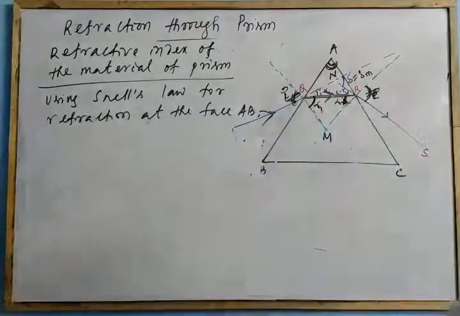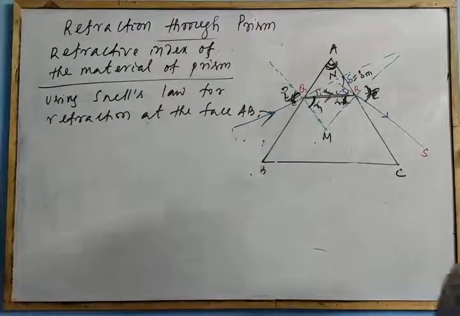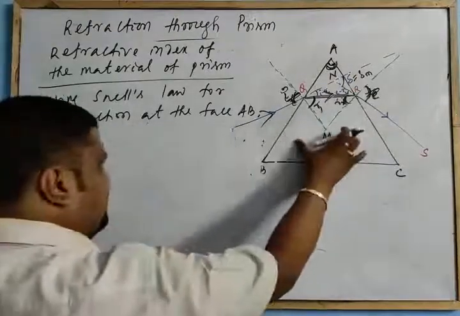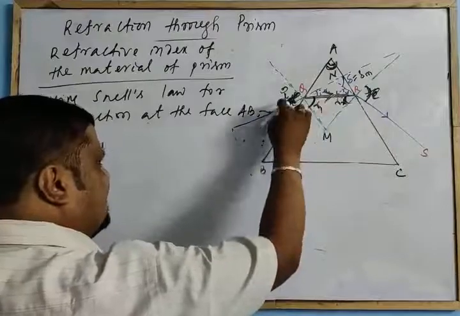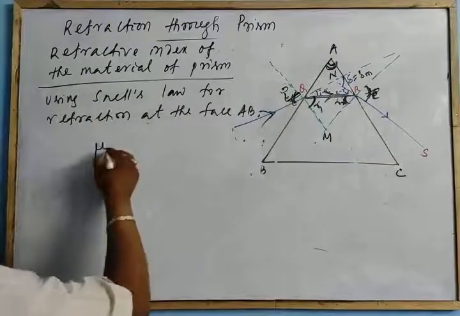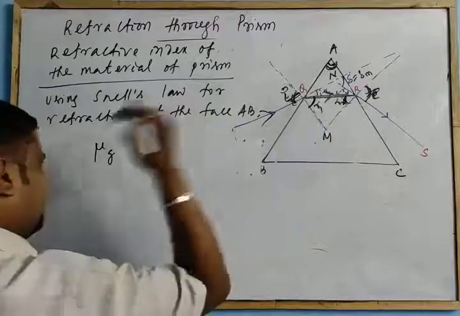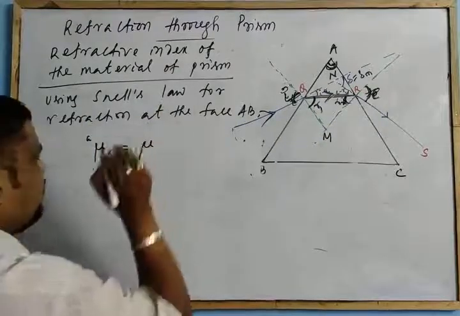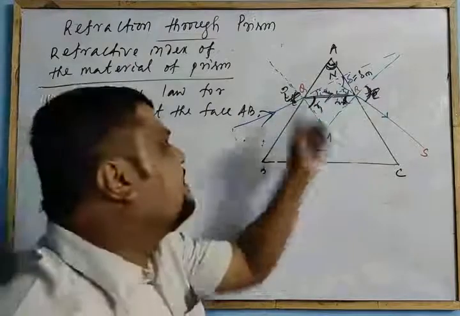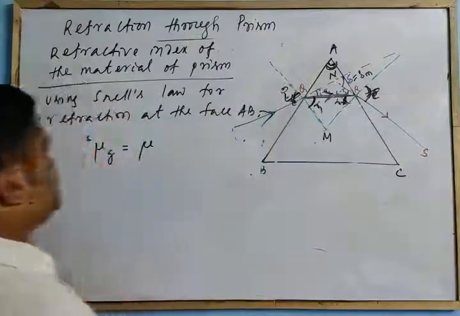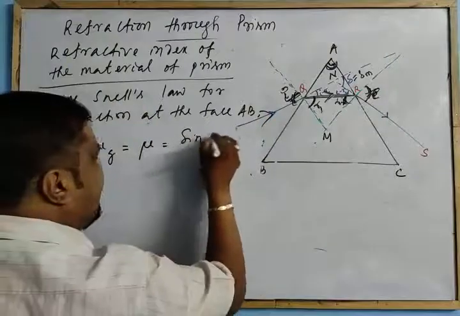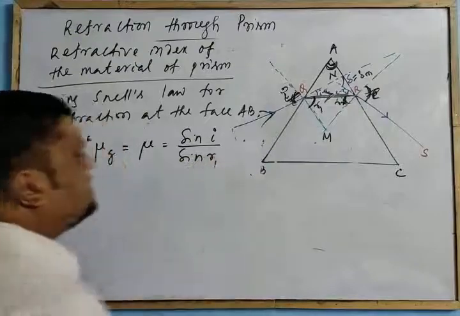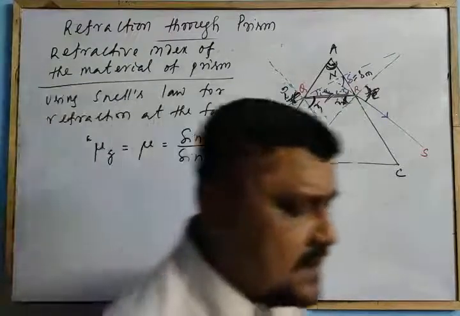If you take the refraction using Snell's law, the refractive index of this medium, because this is the refracted ray and this is the incident ray, the refractive index of the glass medium with respect to air, or simply I can write this as mu, the absolute refractive index of this medium, because I consider this air. So the absolute refractive index is equal to sin I by sin R1.